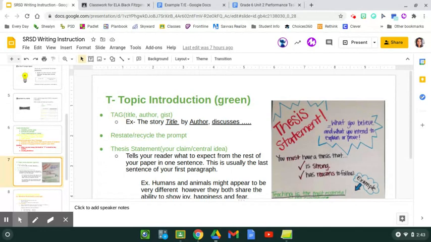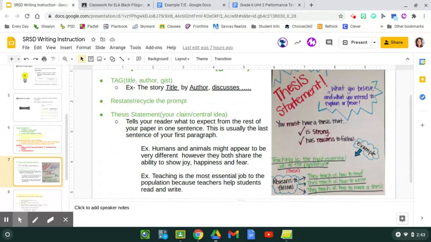Okay, so it's telling your reader, all right, the rest of my essay, the rest of my writing is going to be discussing this. So here are just a couple examples. Humans and animals might appear to be very different. However, they both share the ability to show joy, happiness, and fear.